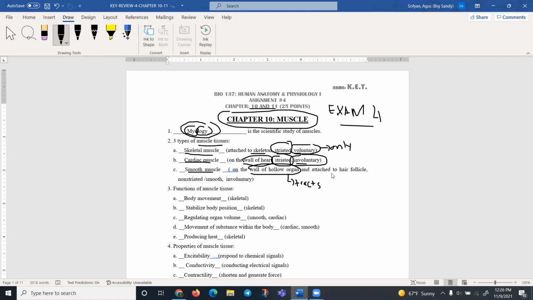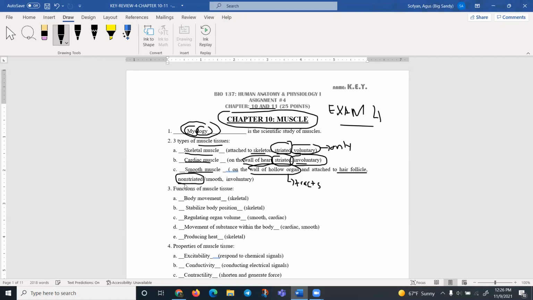And it's also attached to the hair follicles, and also is located in the eyes, where it controls the lens accommodation and also the opening of the pupil. Okay. So these are the locations for the smooth muscle. And the name is telling you it is not striped.